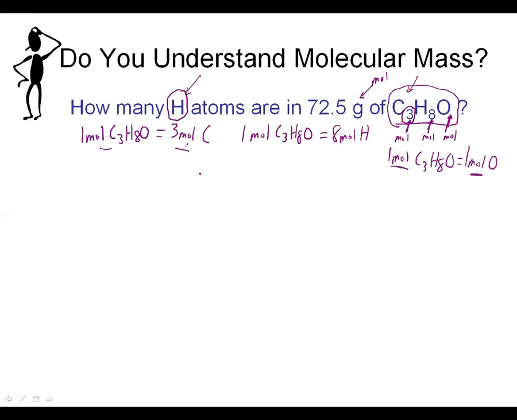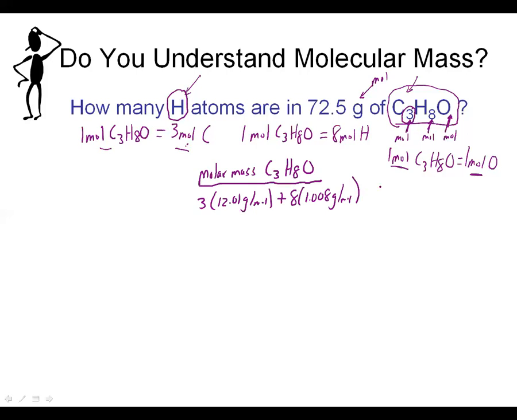So if we go to the periodic table, we could calculate the molar mass of C3H8O. And again, we're just going to add up all the parts. There's 3 carbons at 12.01 grams per mole for the carbon from the periodic table. There's 8 hydrogens at 1.008 grams per mole from the periodic table.